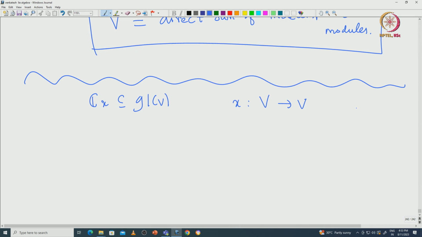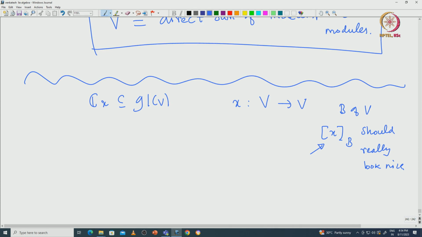For this, we need to get a basis B of V such that the matrix of x with respect to B looks really nice. In order to achieve this, for example, Jordan canonical form.